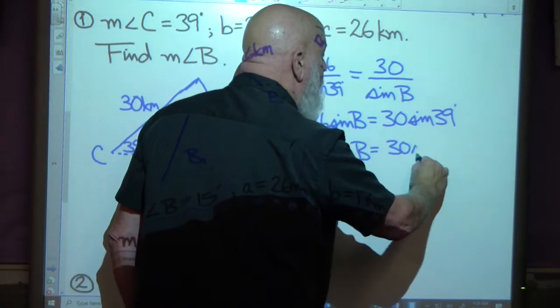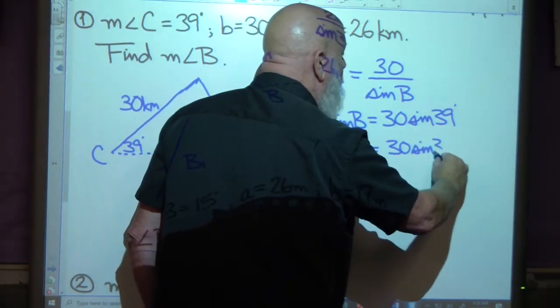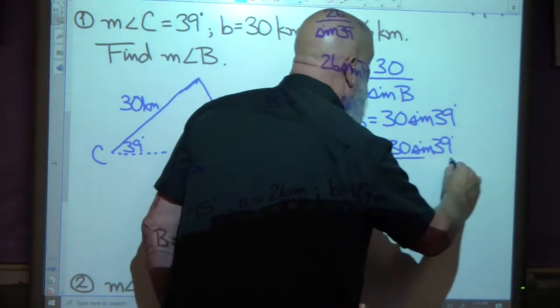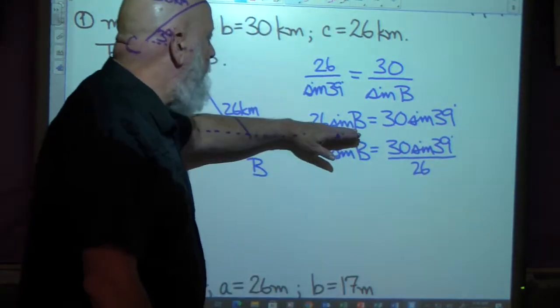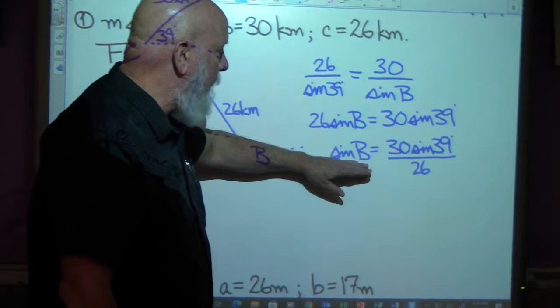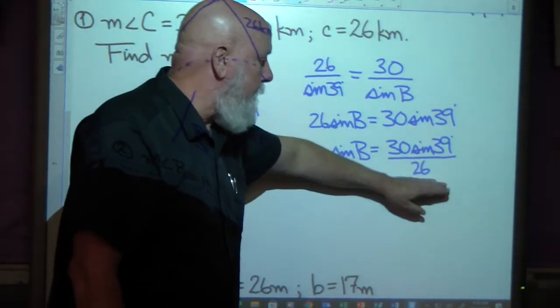I just divided both sides by 26. So when I divided this side by 26, I was left with sine B. I divided this side by 26, I'm left with this.